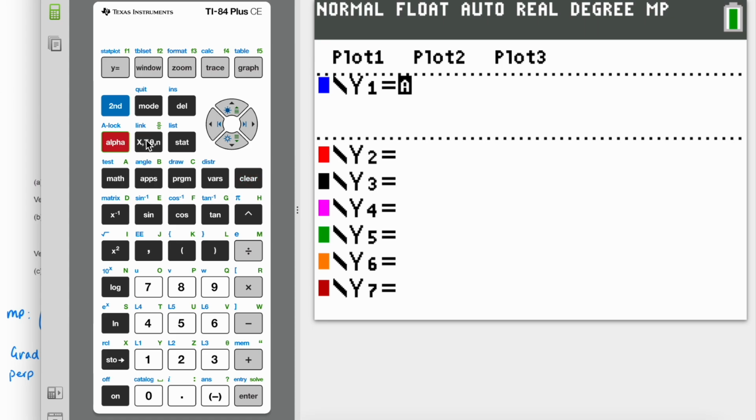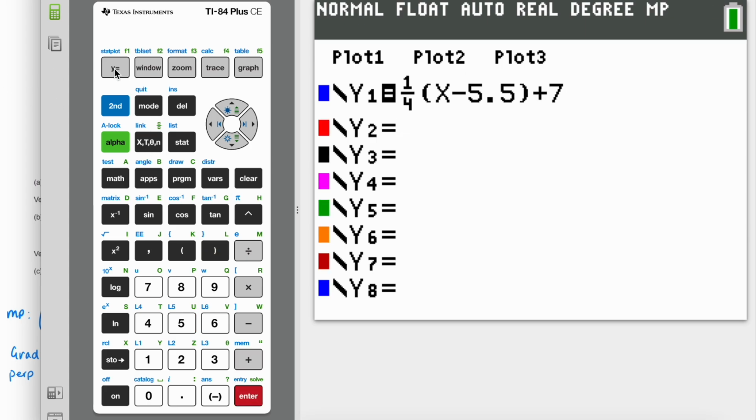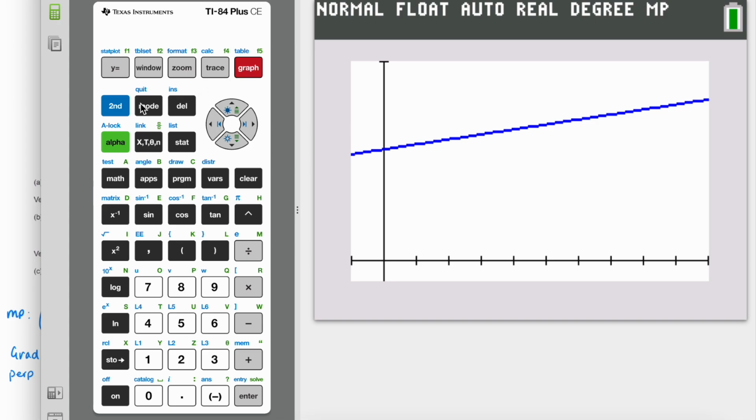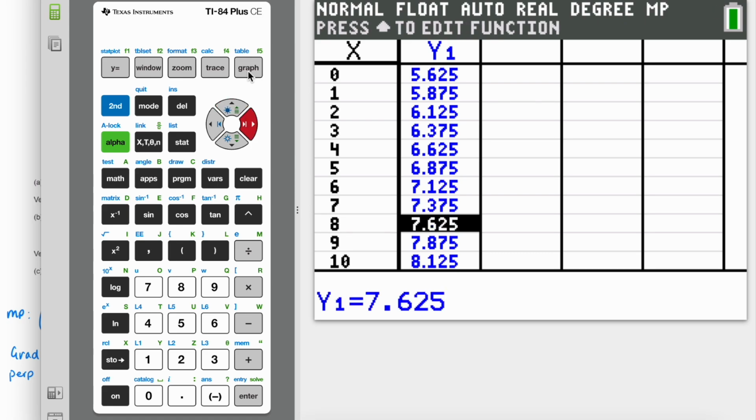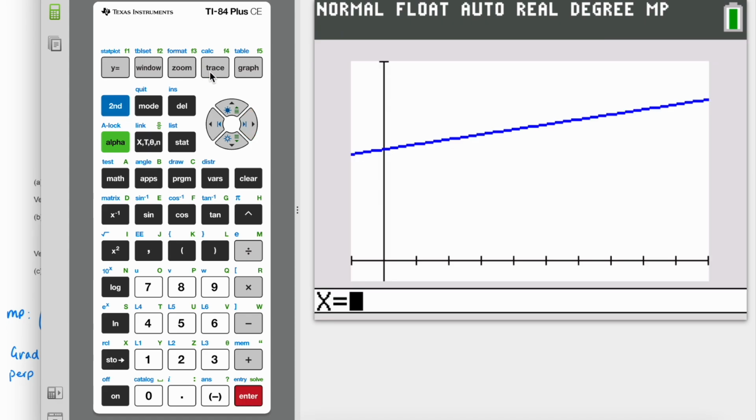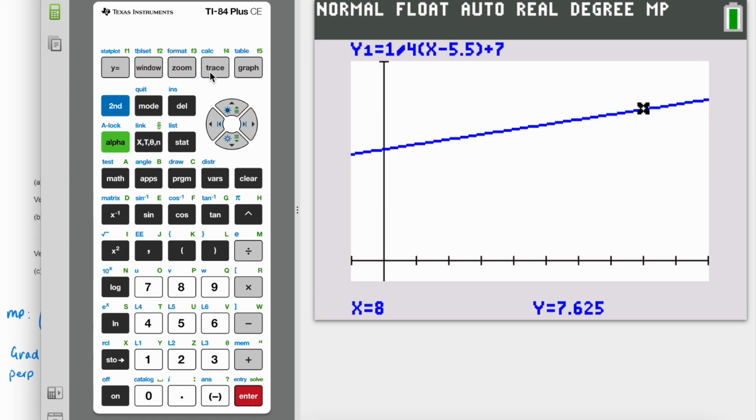So the line is 1/4 of, and then in brackets, we have x minus 5.5, plus 7. And we can graph and see what that looks like. And then we can go to the table of values and see when x is 8, what is the y coordinate, which is, so y equals 7.625, or if you prefer, second function trace, find the value when x is 8 and you'll find the same value.